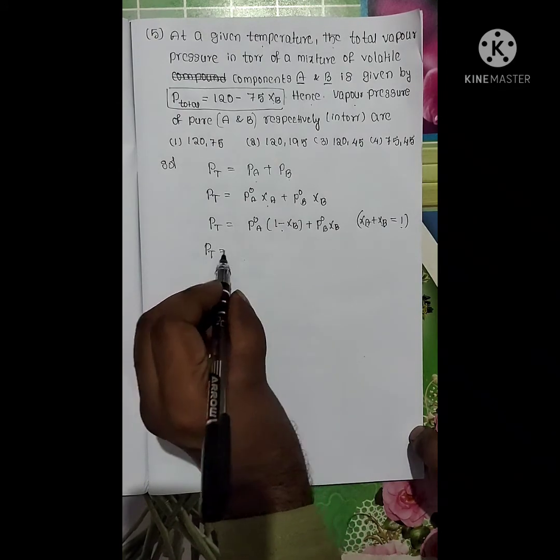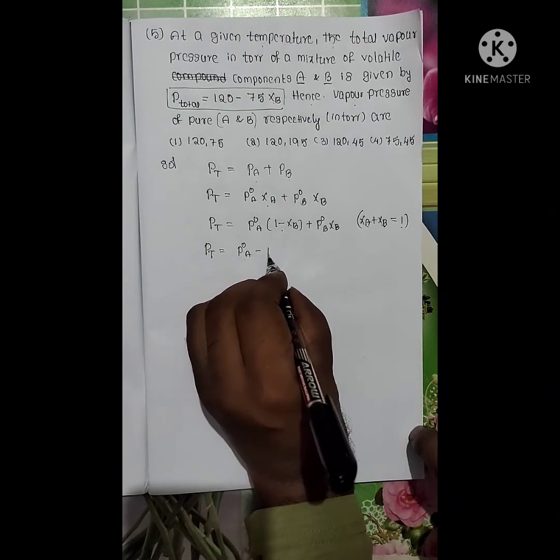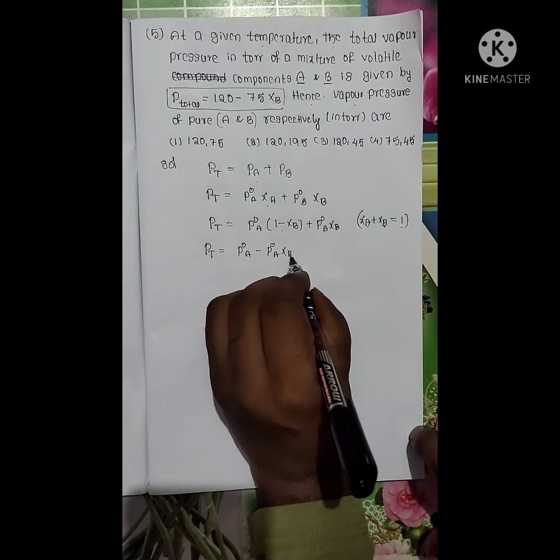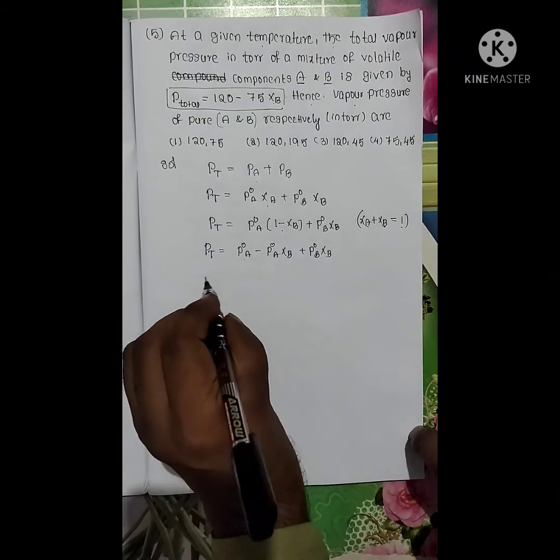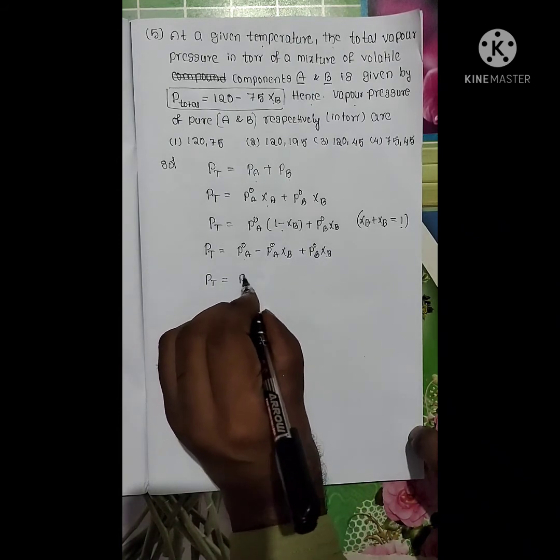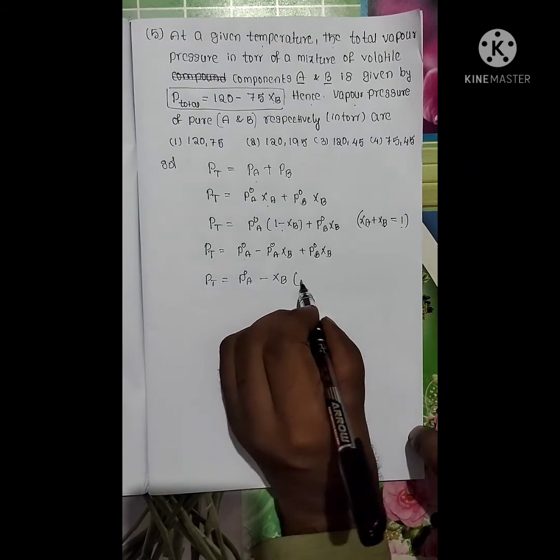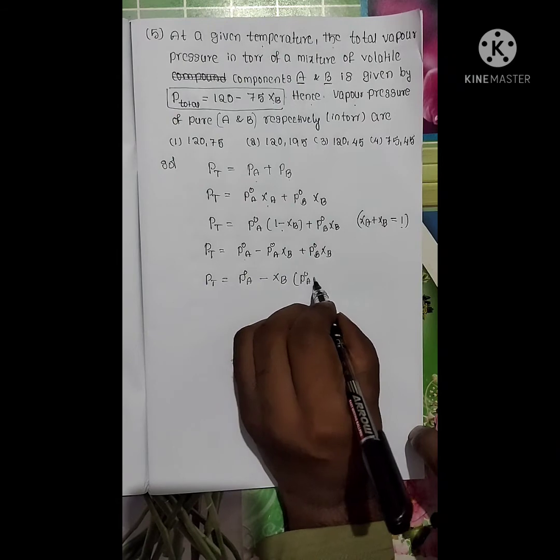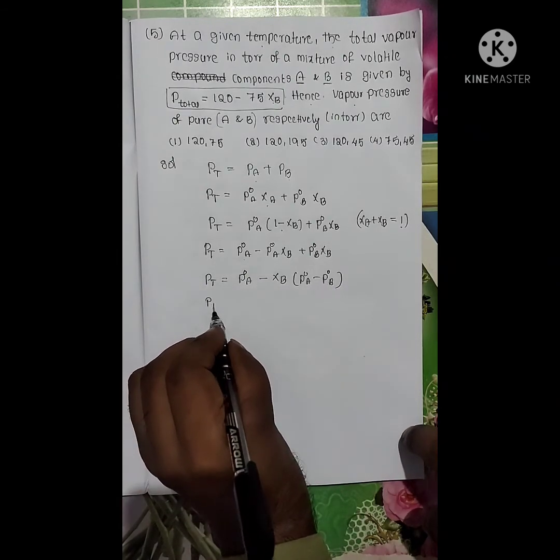Now, P total equals P naught A minus P naught A XB plus P naught B XB. P total equals P naught A minus XB times (P naught A minus P naught B). This is the equation we are going to compare.